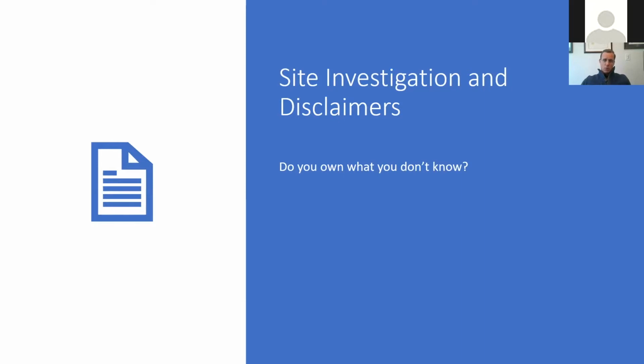So when we talk about site investigation and we talk about disclaimer clauses, what are we looking for? Well, a common type of site investigation clause will say that the contractor has investigated the site, they've had full access to the site, and they've made themselves familiar with the site so that they're not going to come back and say, well, I didn't know the load-bearing wall was there.